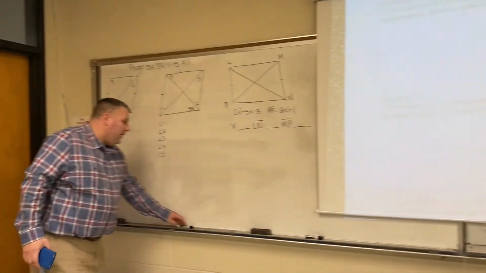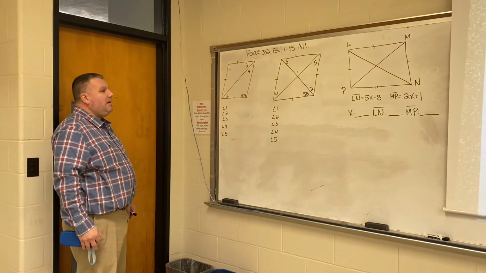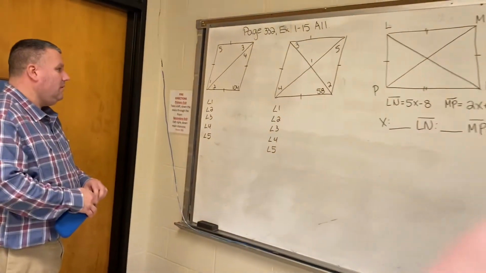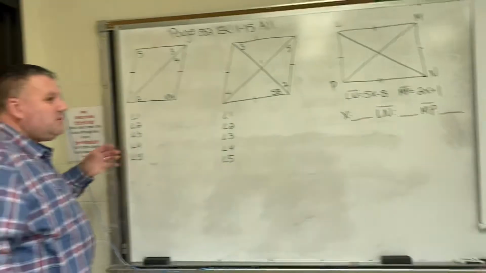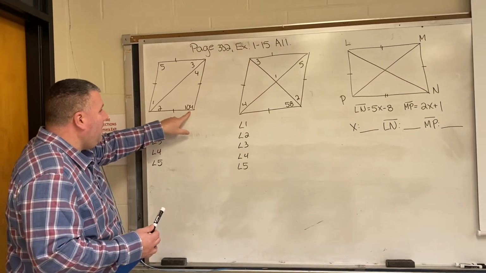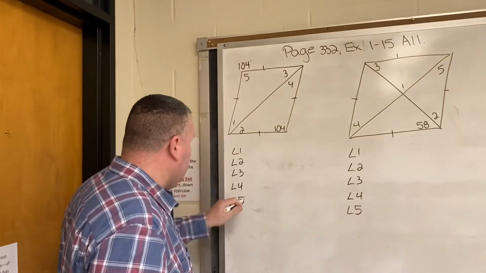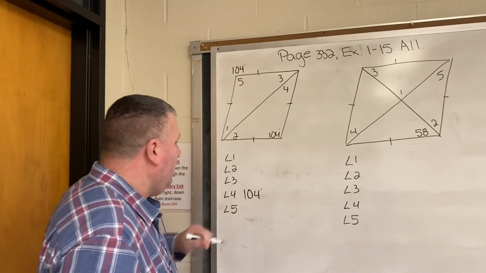Okay, let's start over here with this particular rhombus. We learned that the diagonals bisect the angles. Remember, opposite angles of a rhombus and a parallelogram are congruent. So if this is 104 degrees, this angle here has to be 104 degrees. So I'm going to write that down right over here.